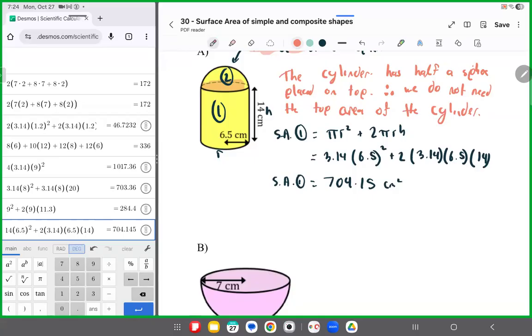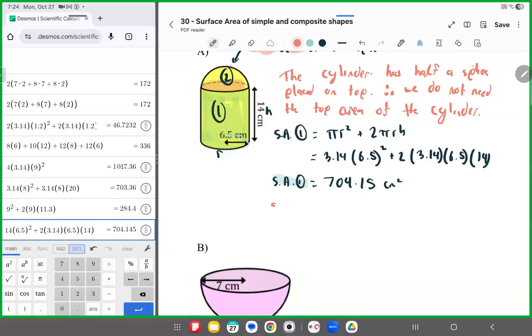Just keep in mind that this found the surface area of this lateral portion, as well as the area of the base of the cylinder. Okay, surface area of the hemisphere, that one's much more straightforward.